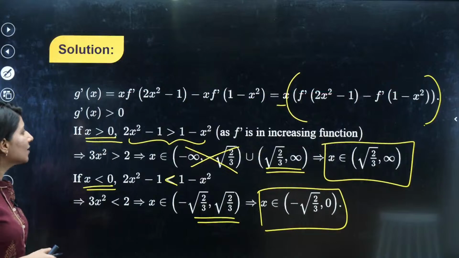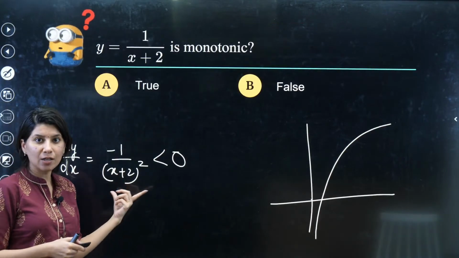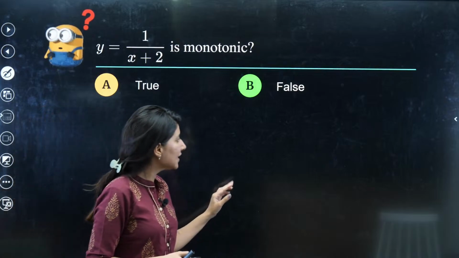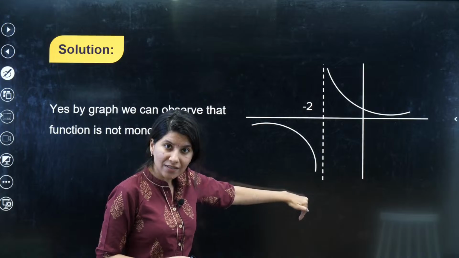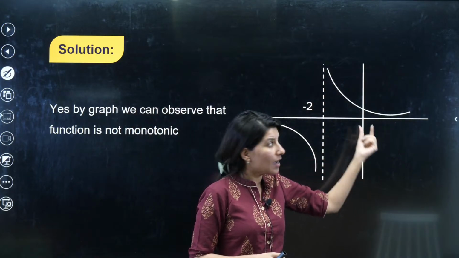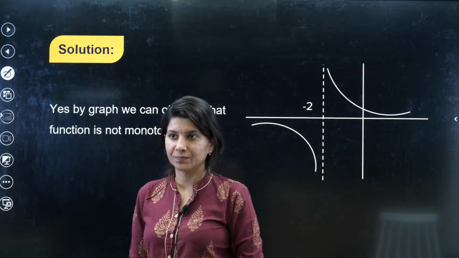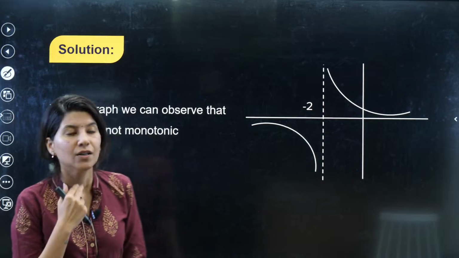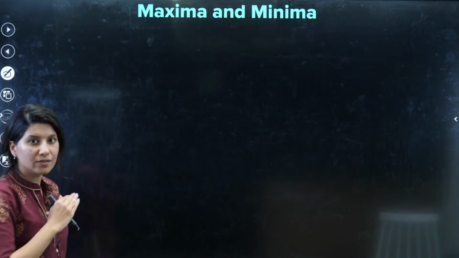We need to keep that in mind. For that, we need to manually check at that point. So I can say that my function is monotonically decreasing before minus 2, and after minus 2 it is again monotonically decreasing, but between them, at x equals minus 2, it is not happening. So interval-wise it is behaving monotonically, but not overall.